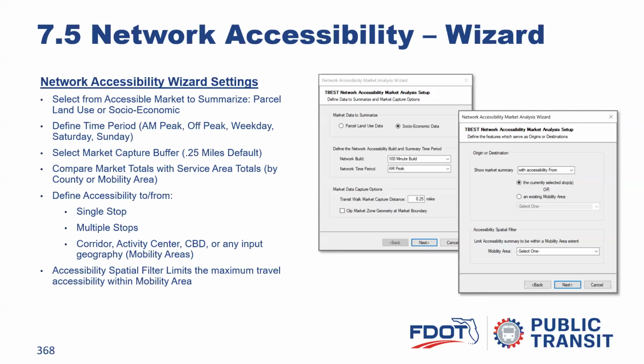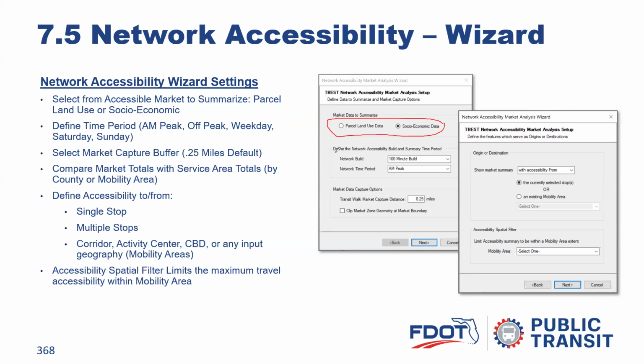After you've set up your network build, run it, and created your OD matrix, you can work through the network accessibility wizard. It's very similar to the market analysis wizard, where you select whether you're summarizing markets for parcel data or socioeconomic data.